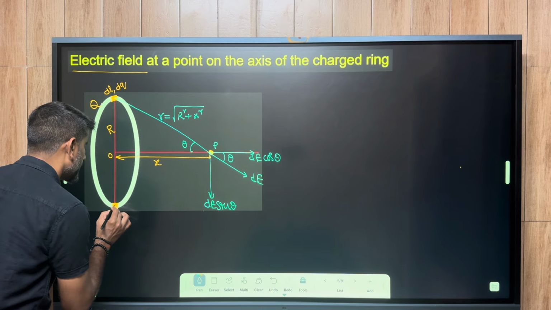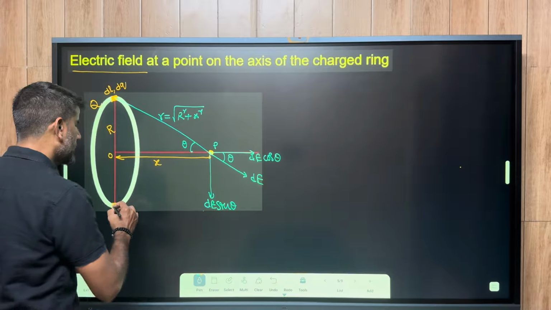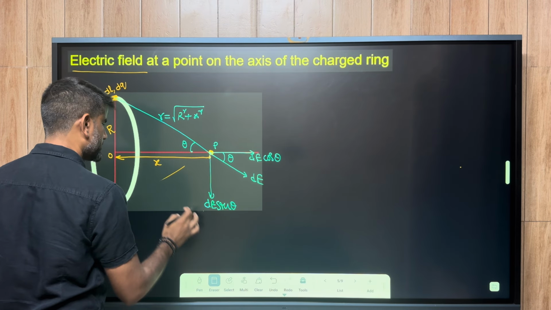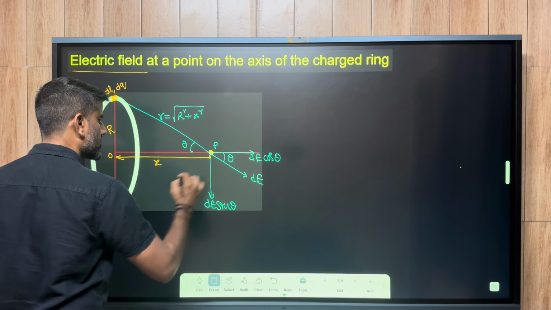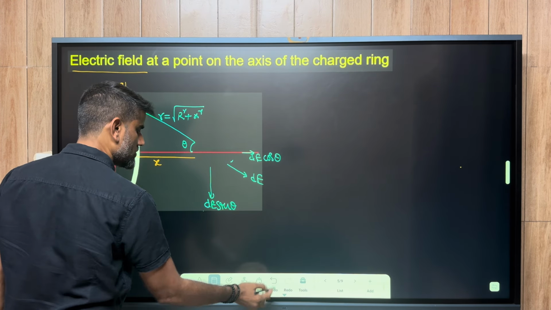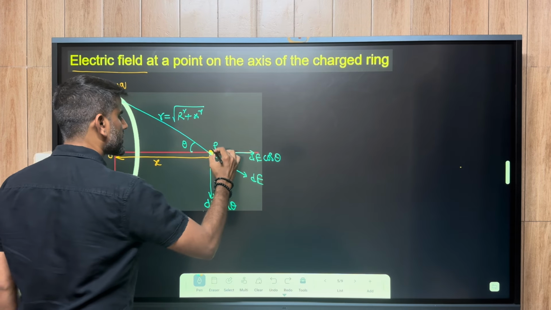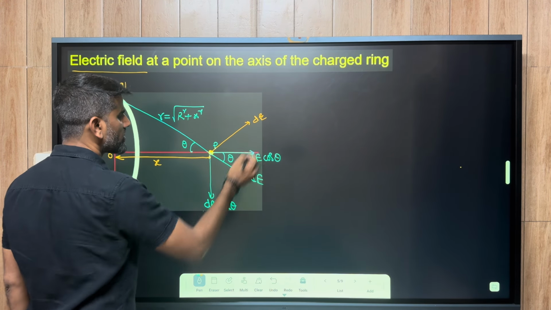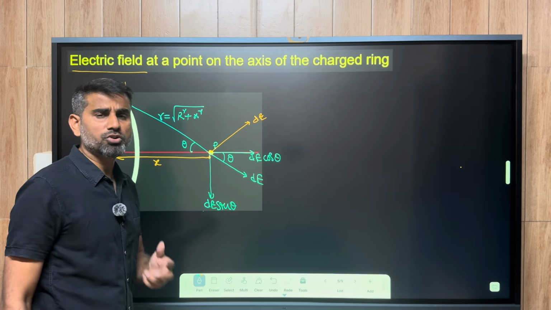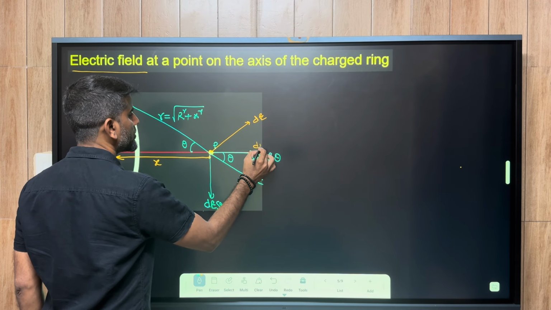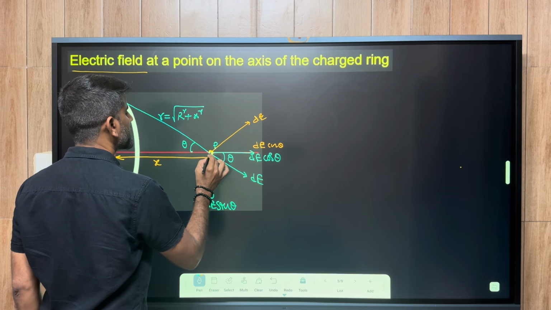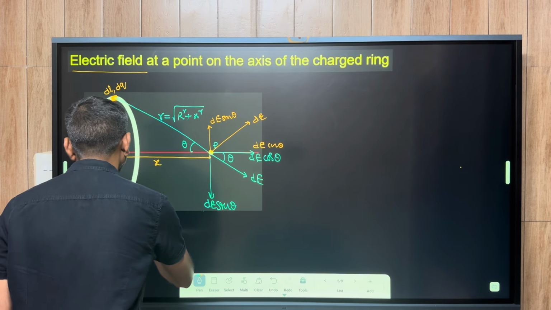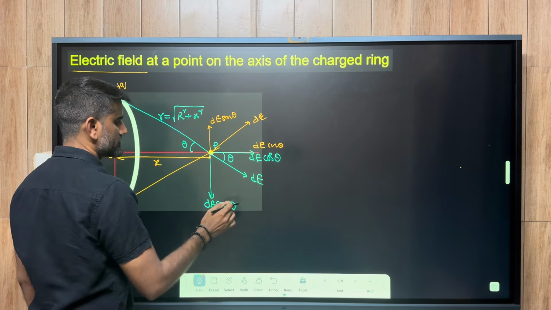Similar elements also cause a certain amount of field in this direction, dE. It can also be split into two perpendicular components: one component here, dE cos theta, and the other component here, dE sin theta. I'm going to draw the line here.